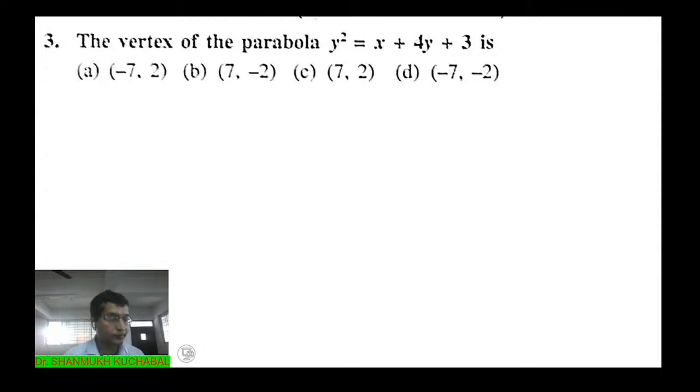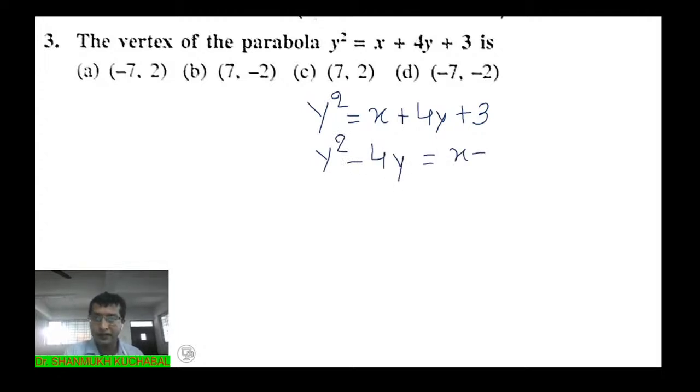Next, the vertex of the parabola y square equal to x plus 4y plus 3 is what we need to calculate. First I write the given equation, y square equal to x plus 4y plus 3. Now we collect y terms on one side and x on the other side, so we get y square minus 4y equal to x plus 3.